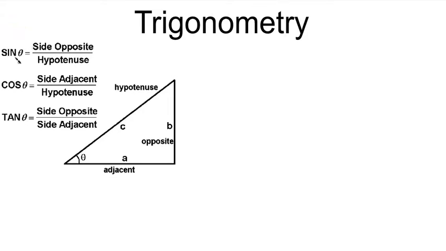These are the ratios of basic trigonometry: sine, cosine, and tangent. So what is sine? Sine of theta. What is theta? Well, the Greek letter theta basically represents any angle you want.